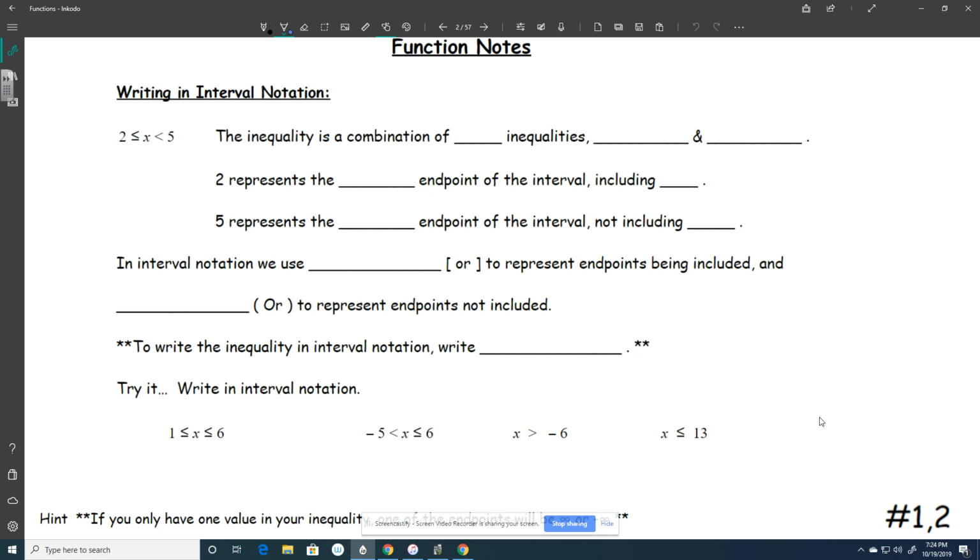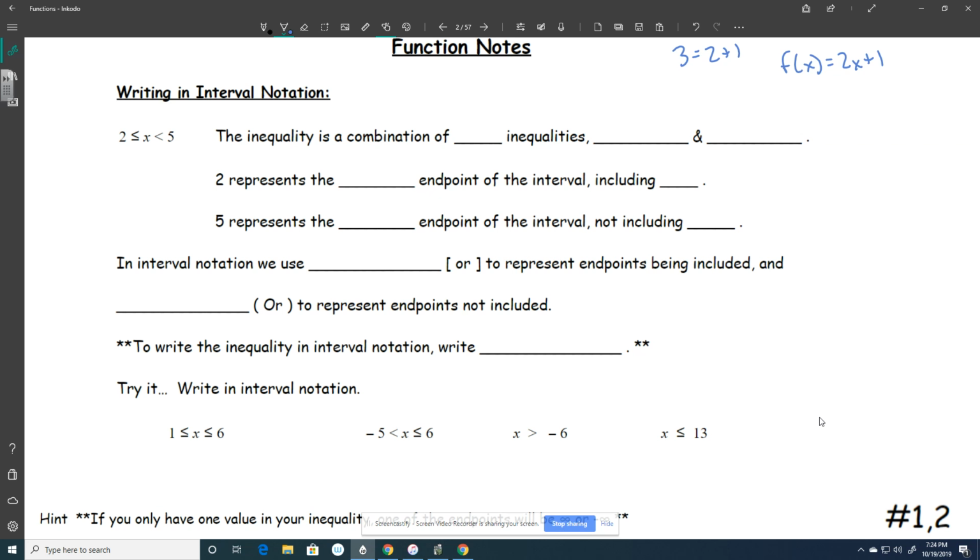Remember, you've dealt with functions for a long time. A function is basically an equation, but instead of something like 3 equals 2 plus 1, a function looks like f of x equals 2x plus 1, where f of x is the output.